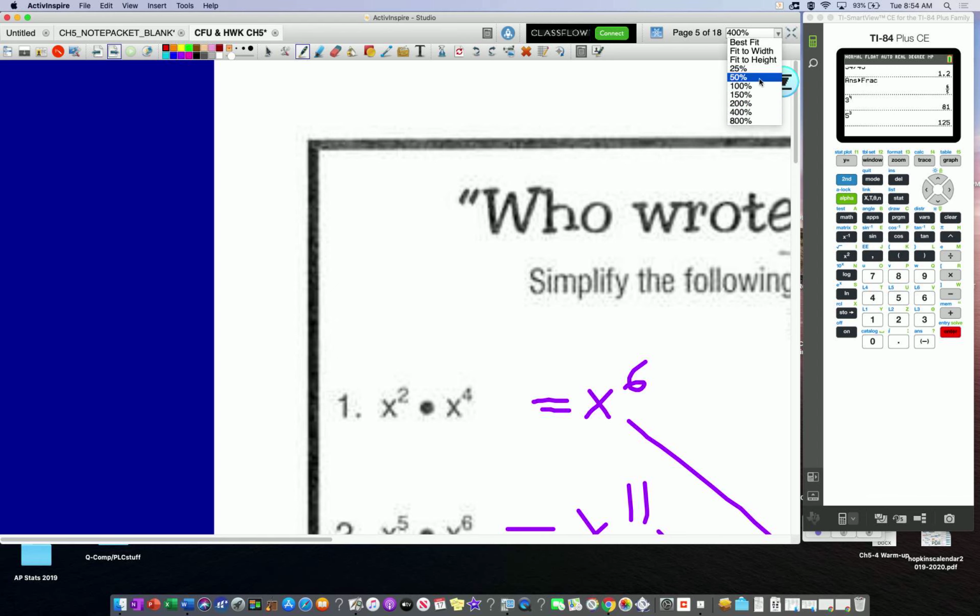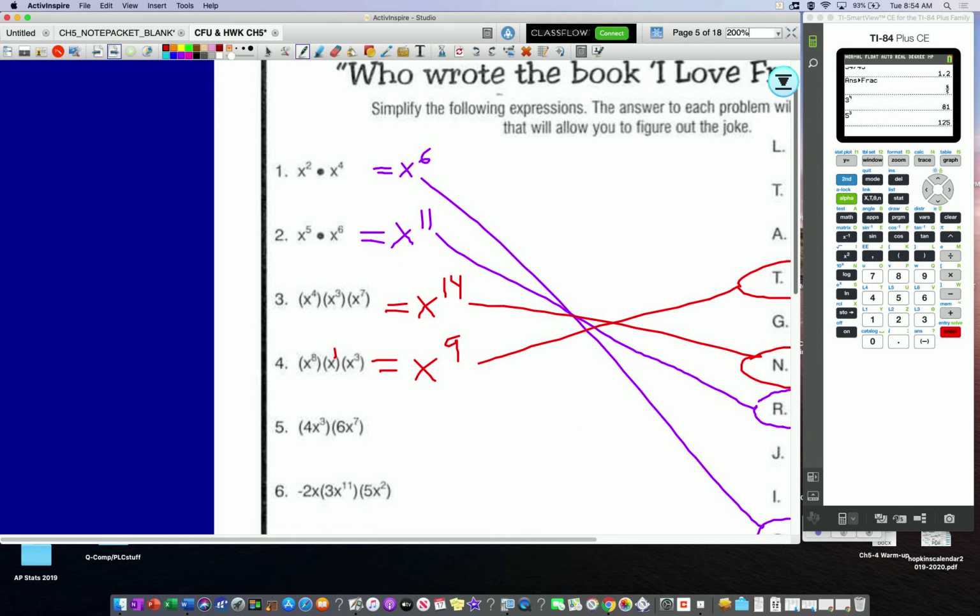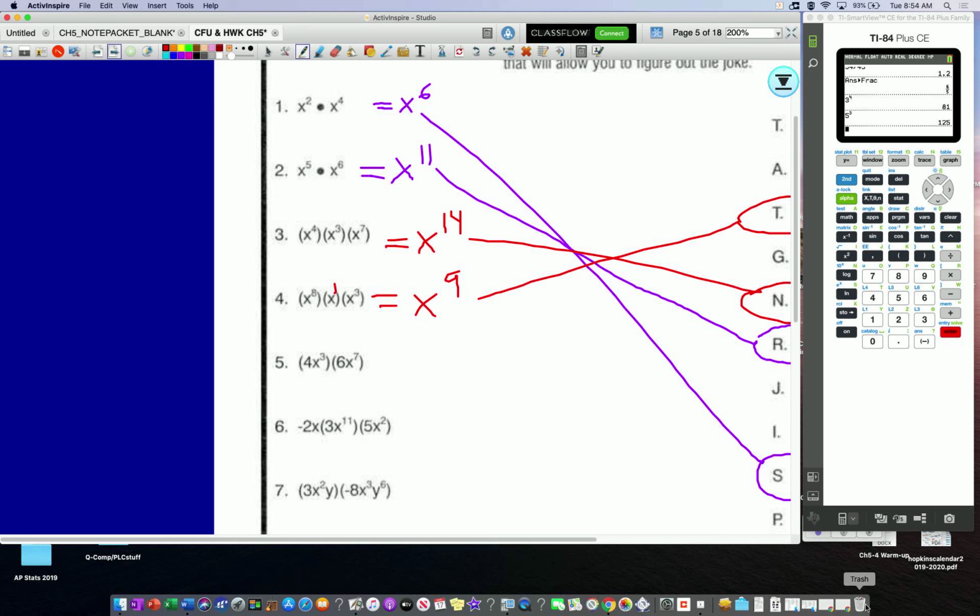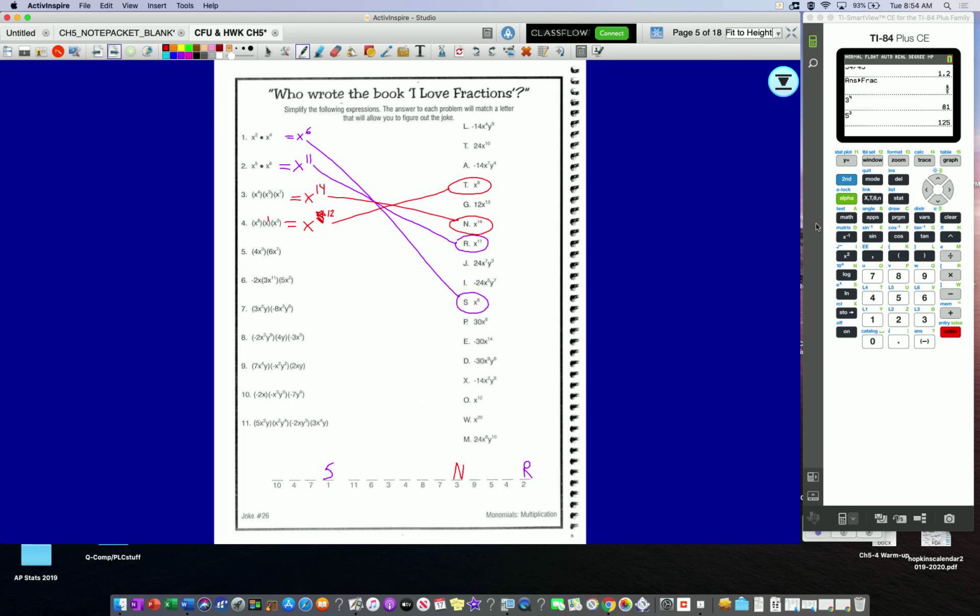I apologize, I thought that was a 5. This is an 8. So this is not x to the 9th, this is actually x to the 12th. That's the problem with the fuzziness of this worksheet for me. So this is not t, I apologize. X to the 12th matches down here, so that's an O. My apologies on that one.